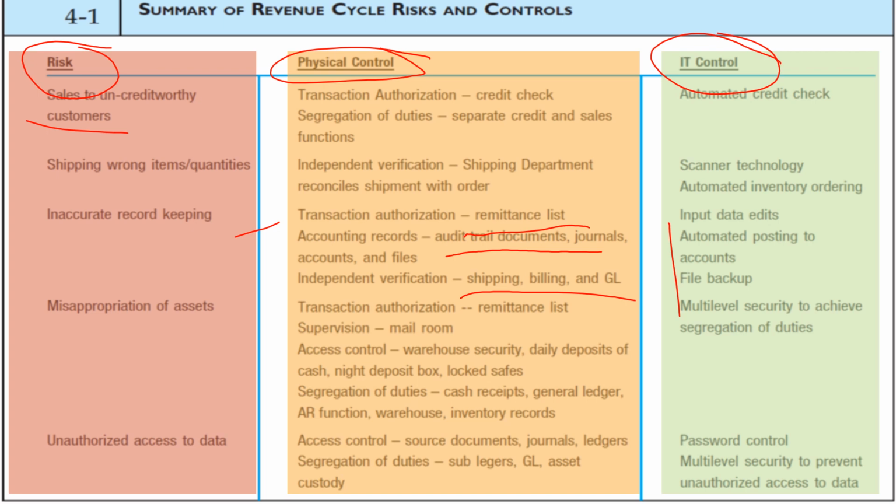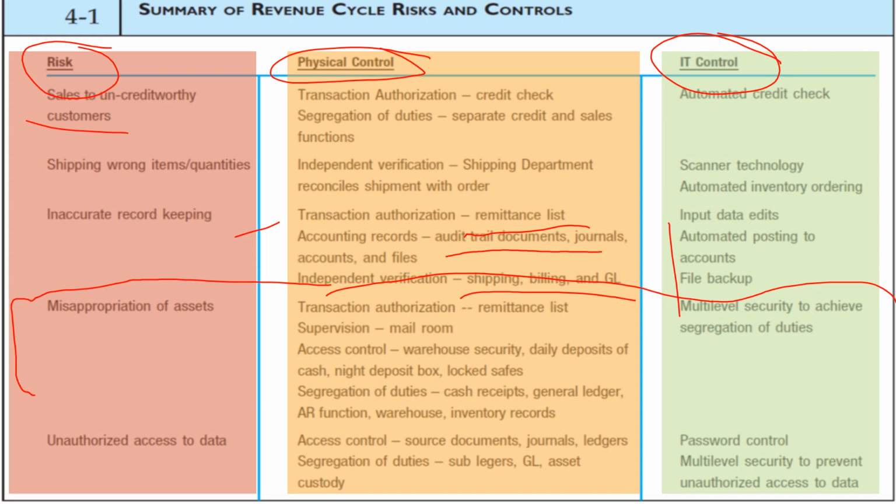For misappropriation of assets, we have the transaction authorization, remittance list, supervision for the mail room when we receive the cash, access control for warehouse security, and daily deposit of the cash, night deposit box, lock safes, segregation of duties, like cash receipt, general ledger, and also the account functions, warehouse inventory and inventory record.